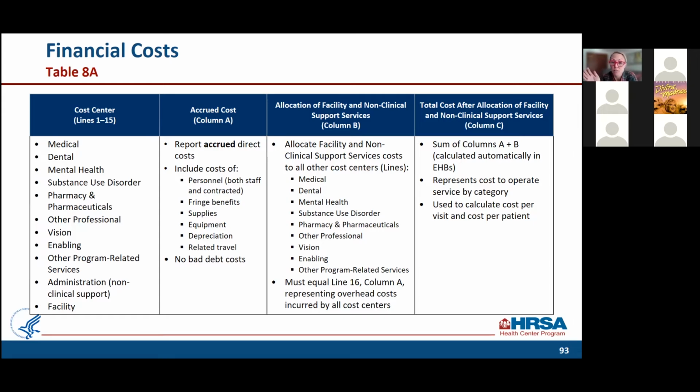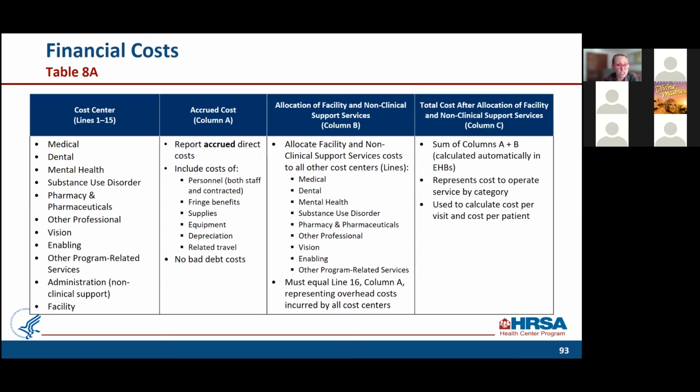They're reported in column C of table 8A and automatically calculated by the EHBs, which represent a total cost to provide the services in that area, and then can be used to calculate things like cost per visit or cost per patient. This is why that crosswalk between table 5 and this table is really important in order for something like a cost per visit to be accurate. The visits and costs need to be reported consistently.